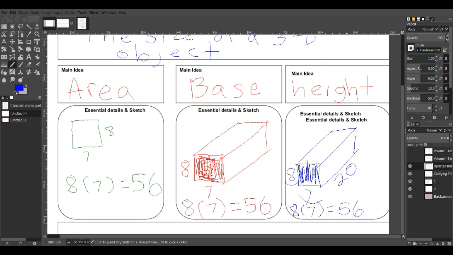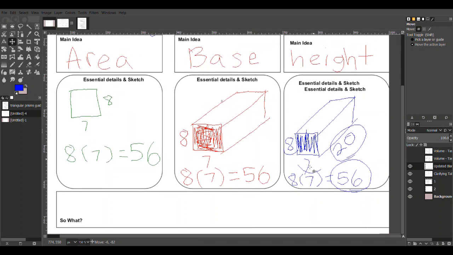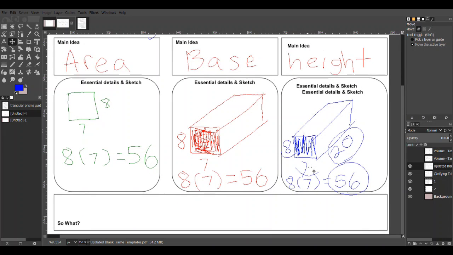So to find the volume of our loaf of bread, we're going to multiply the base times the height, or the distance between the two bases. So what two numbers are we going to multiply to find the volume of this prism? I will pause.